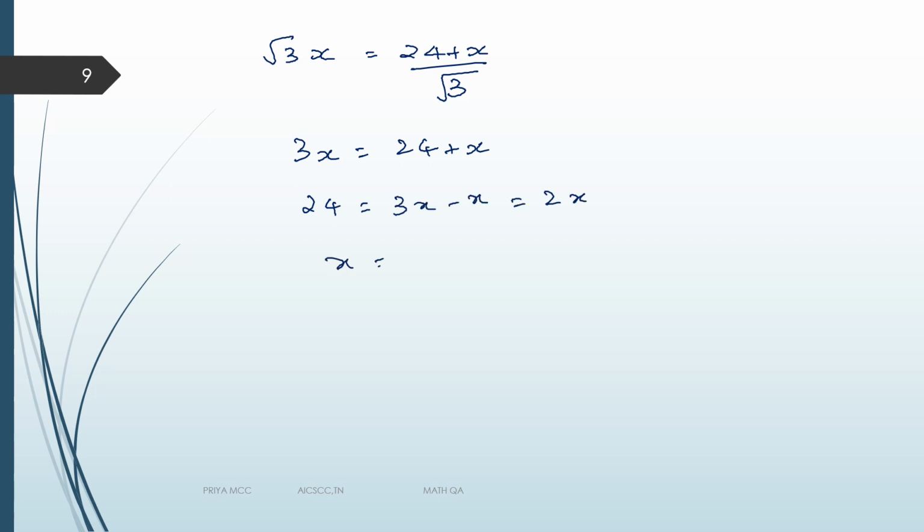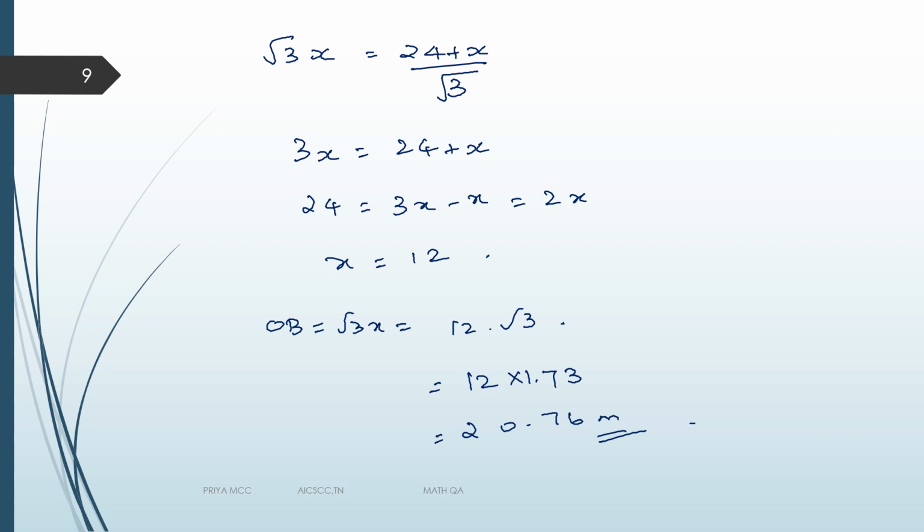X is equal to 12. Using X, OB is equal to root 3 X, so 12 into root 3. If you want the value of root 3, 1.73, then 12 into 1.73 is 20.76 meters. This will be the height of the tower.